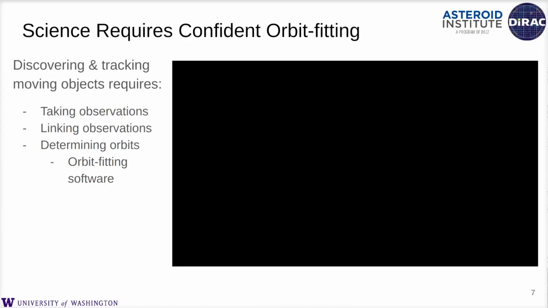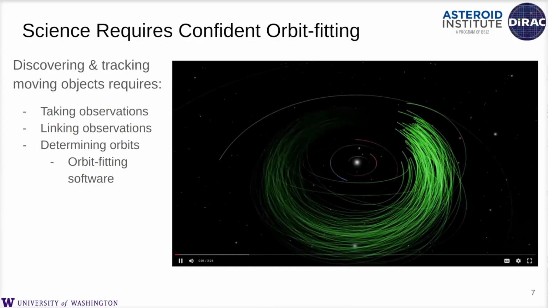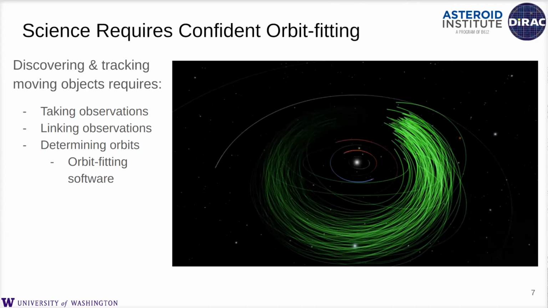Next slide, please, Joachim. So in order to do all of this science and improve this inventory, we need not only to take a huge number of observations of these objects, which LSST is going to provide, allowing us to discover and track these small bodies, but we also need the ability to link observations of objects that move across the sky as belonging to individual objects.